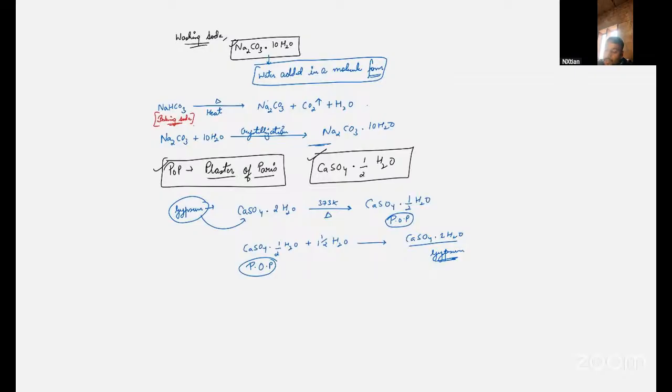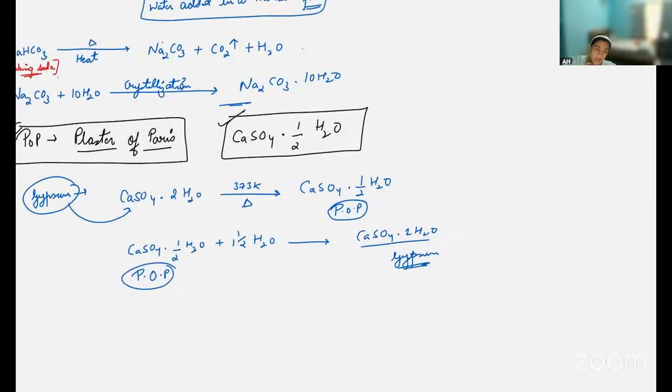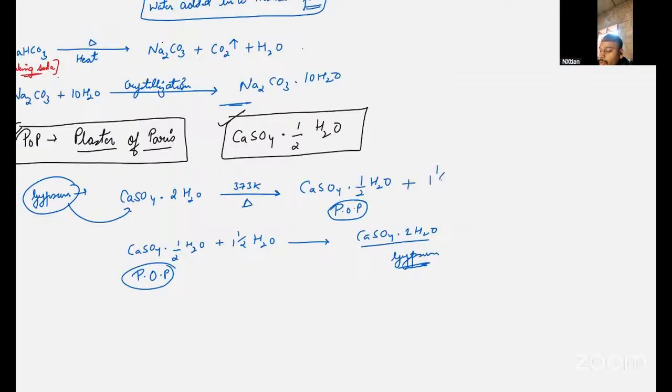So we heat gypsum with its 2H2O at 373 Kelvin to get the POP, and 1.5 H2O will evaporate in the form of heat.